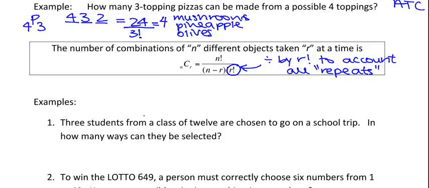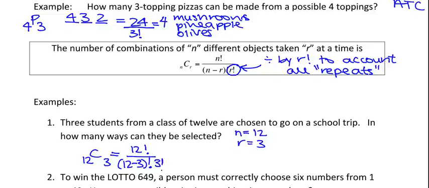In this case, N is still the number of different objects, in this case students, and we are choosing 3 at a time. So it would be 12 choose 3. This gives us 12 factorial over 12 minus 3 factorial, and then we divide again by 3 factorial to account for the fact that if we choose students in a different order but they all end up on the same trip, that is the same actual combination.